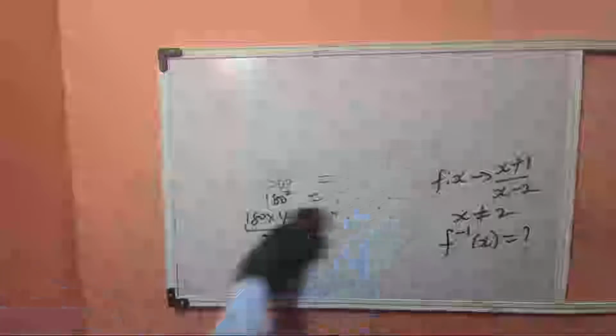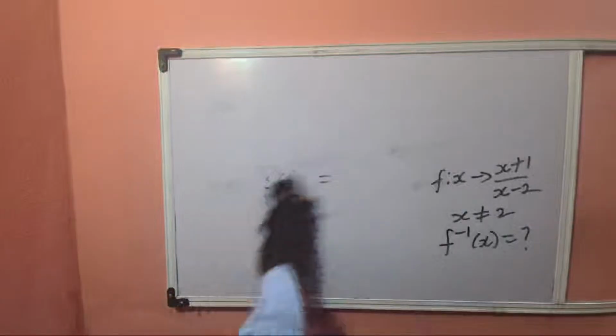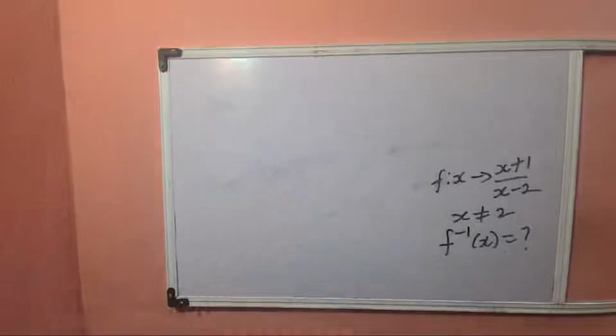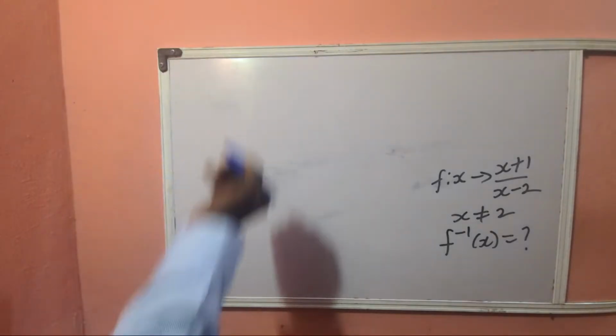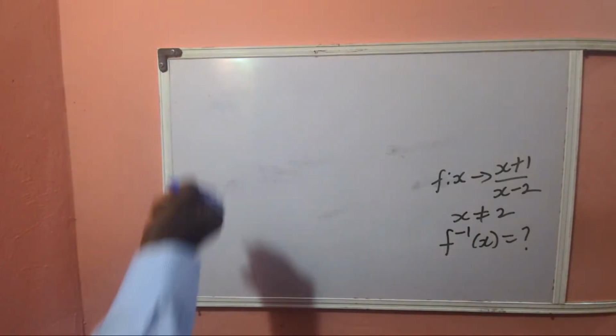All right, so we're told to find the inverse of this function. So what do we do? Of course, I told you there are 4 very important steps you must move through. The very first step is to write the function as an equation.